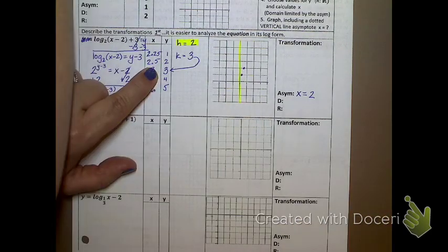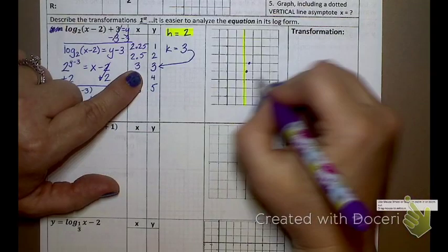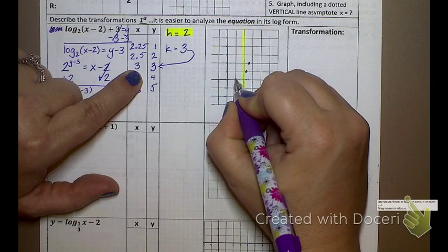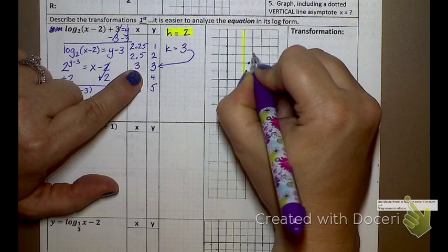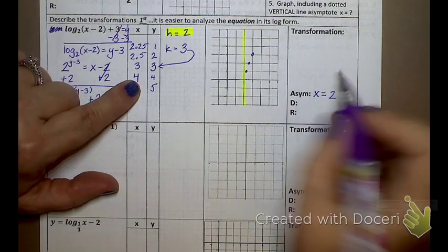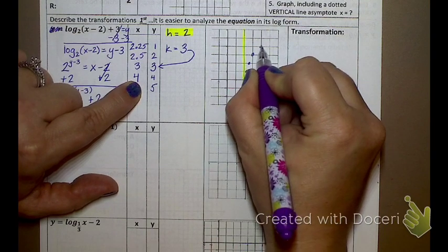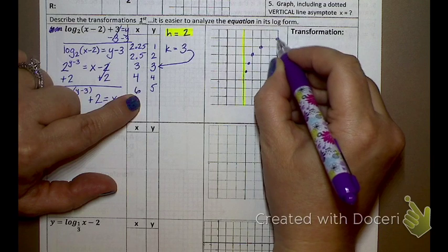Do I need to zoom in? Now I'm going to go over to 3. Again, always starting from your origin. 1, 2, 3. 1, 2, 3. 4, 4. And then 6, 5.